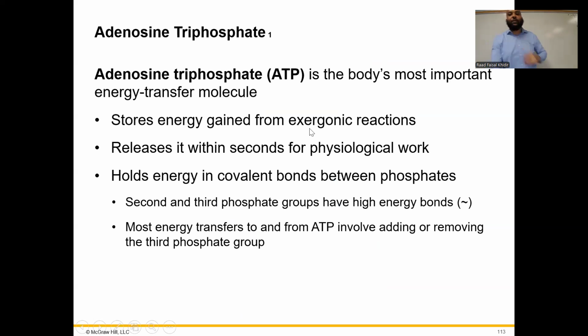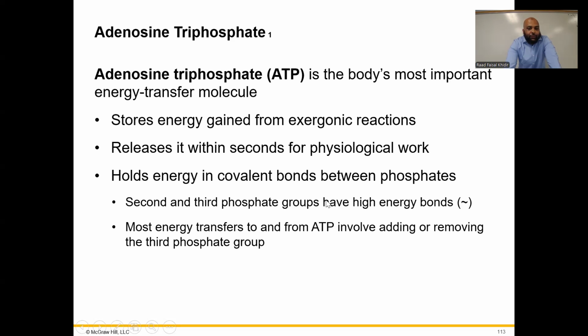Adenine triphosphate is the body's most important energy transfer molecule. It stores energy gained from exergonic reactions and releases it within seconds for physiological work, and it holds energy in covalent bonds between the phosphates.